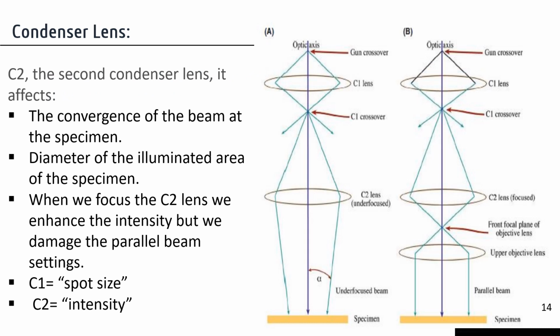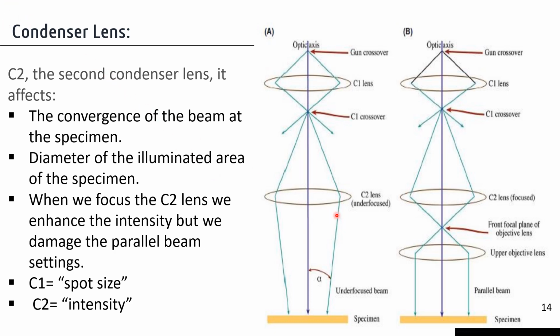After discussing the C1 lens, we discuss the C2, the second condenser lens. Basically, we use the C2 lens to control the size of the illumination on the screen. When we focus the C2 lens, we enhance the intensity but damage the parallel beam setting.